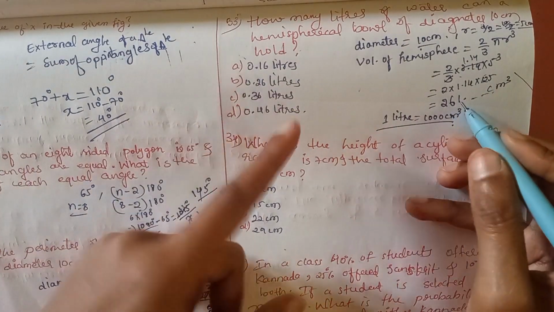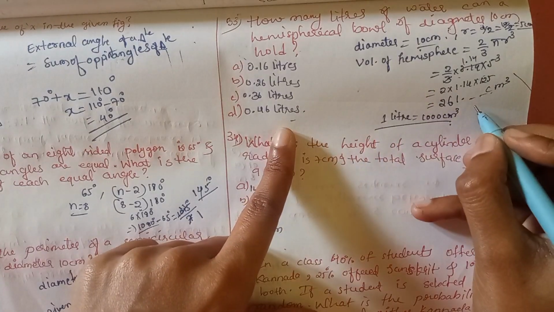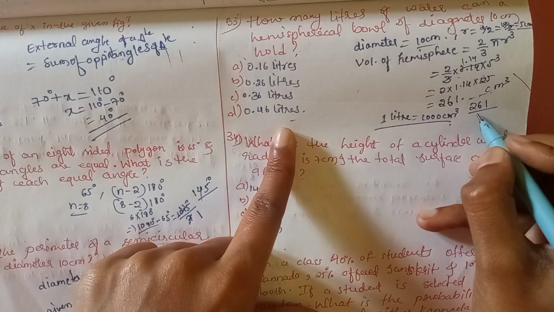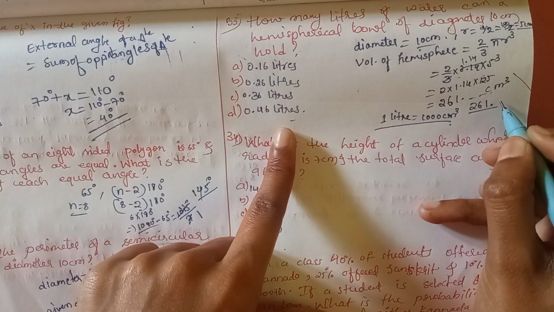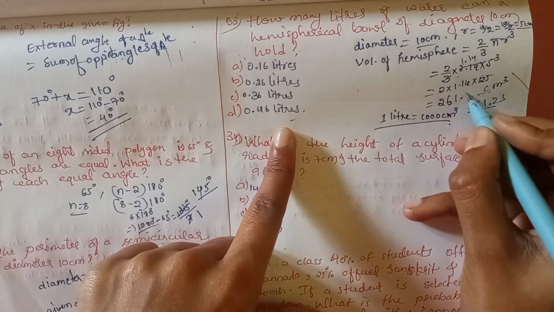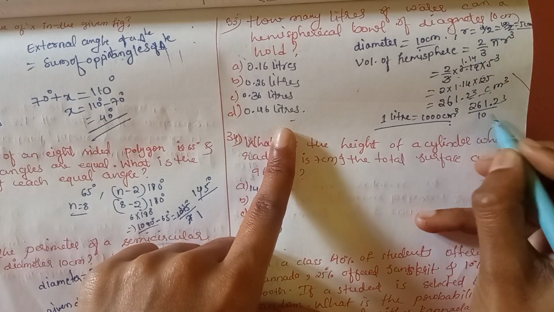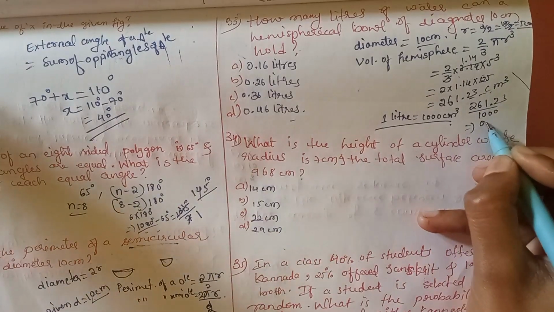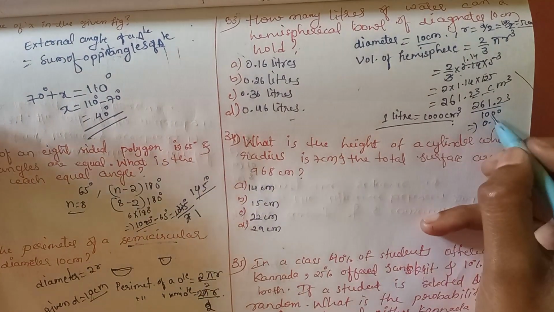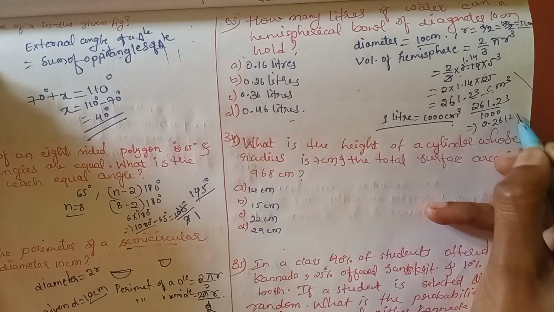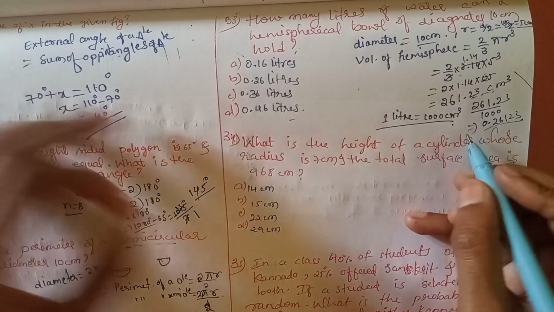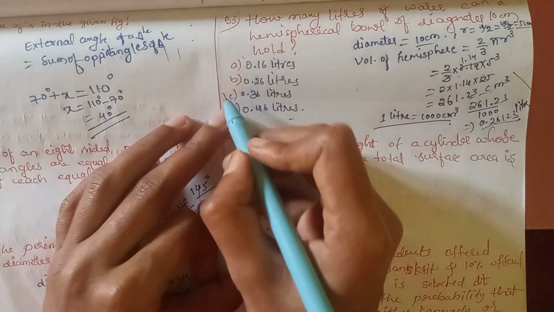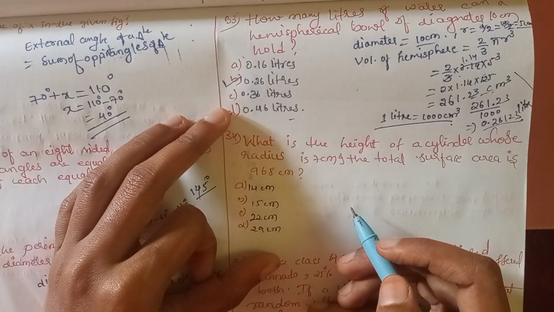We want the answer in liters, so what shall we be doing? We will divide 261.23 by 1000. Dividing by 1000 means we put the decimal 3 digits to the left, giving 0.26123 something. So where are the liters? This will be the answer: 0.26 liters is the answer of this question.